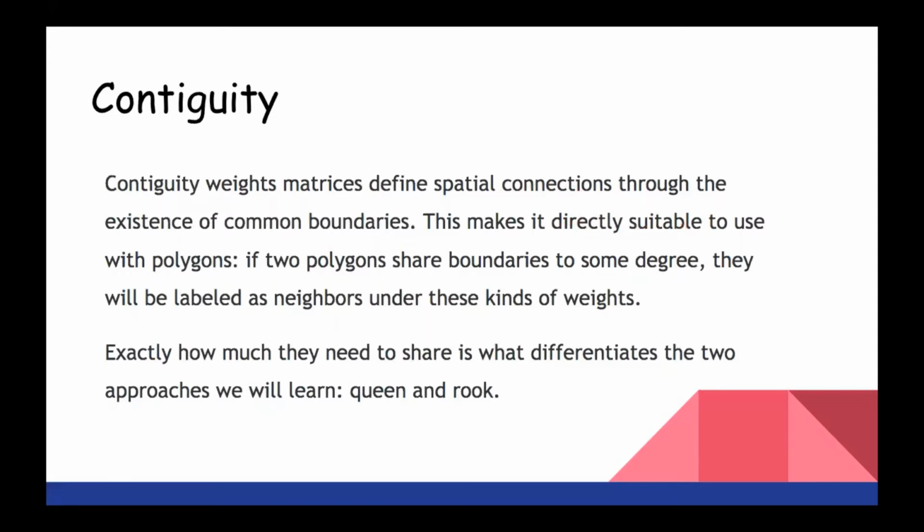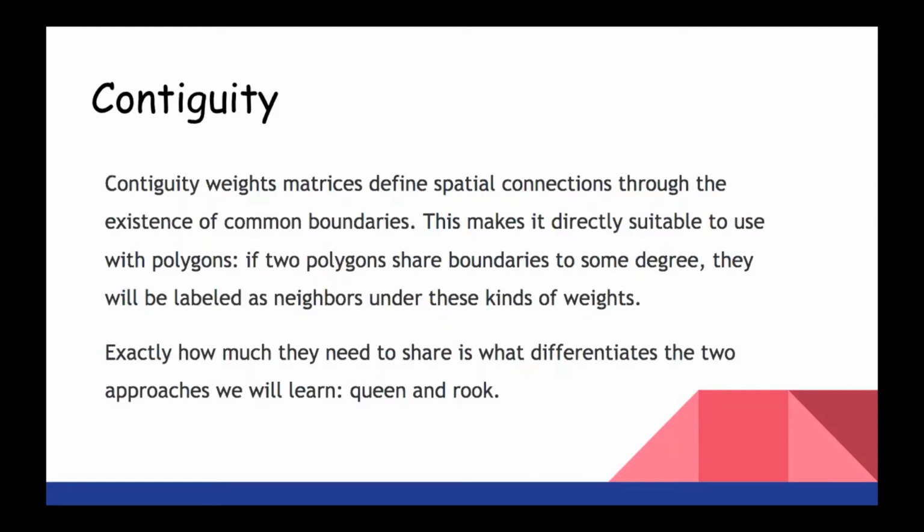So today we'll be using a data set that is polygon in nature. By the time we get to point data analysis in future, we can also use point data for this same purpose. Now, if two polygons share a boundary to some degree, they will be labeled neighbors.